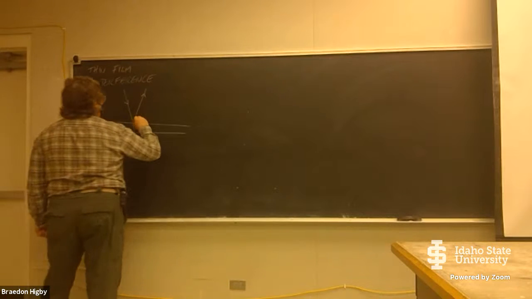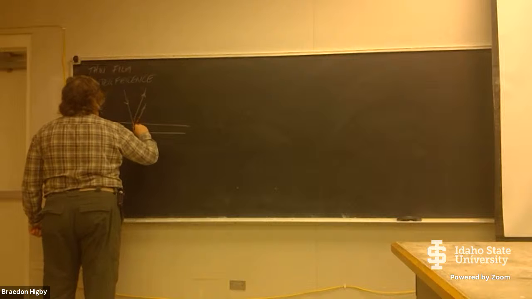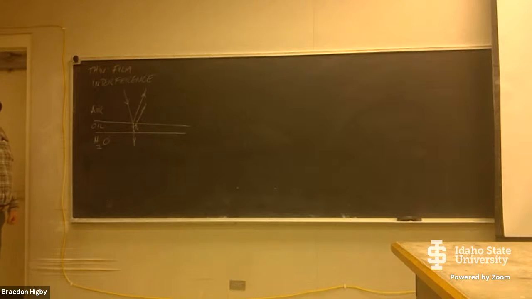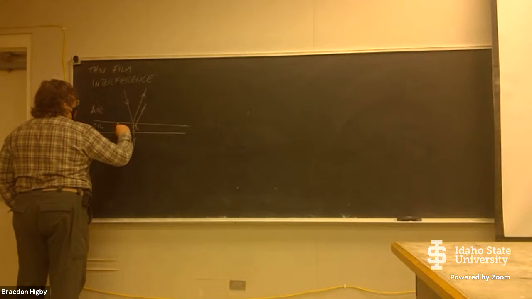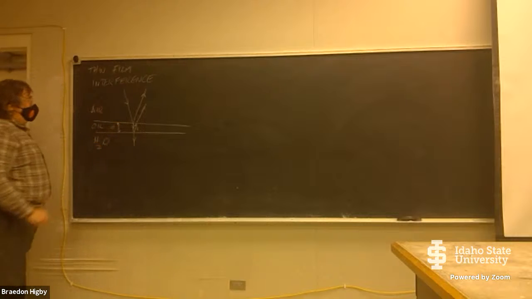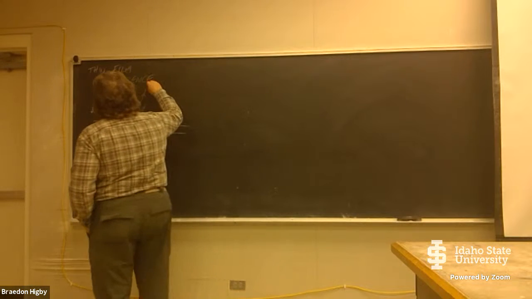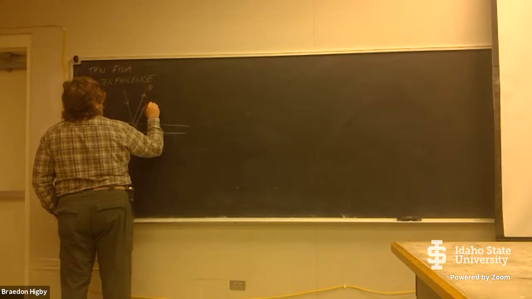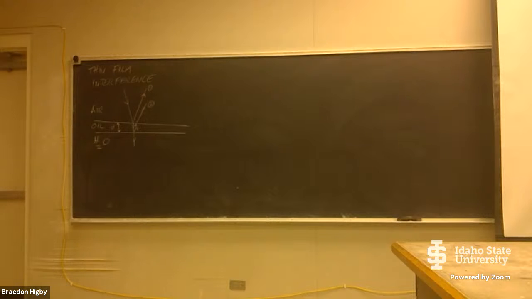I'm kind of exaggerating the angle. Okay. So if the thickness of this film is D, I'm going to label these two reflected rays 1 and 2.